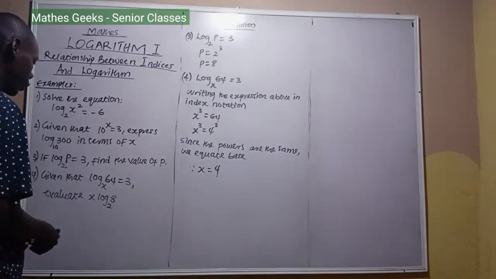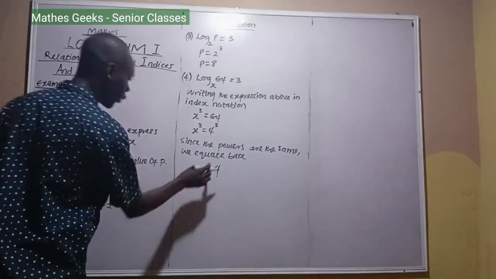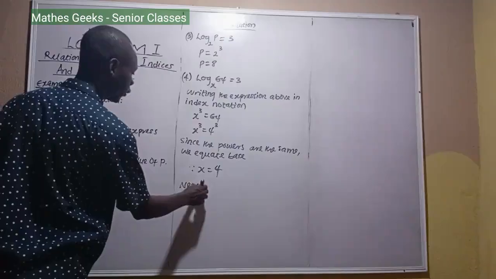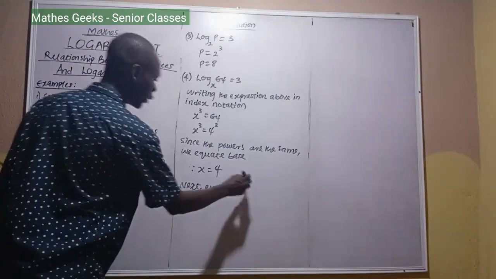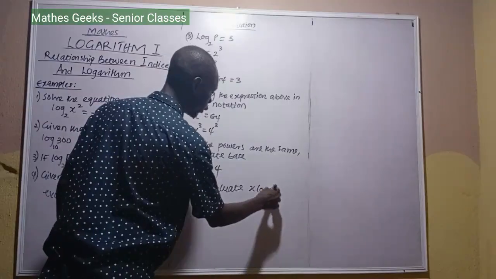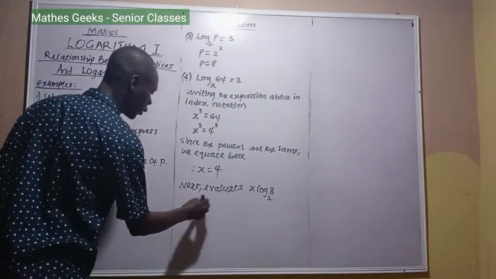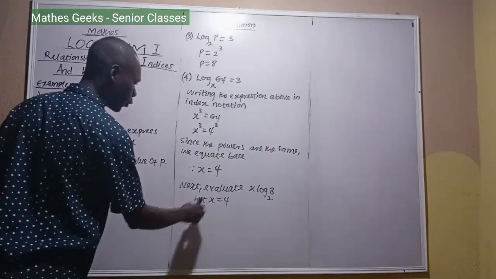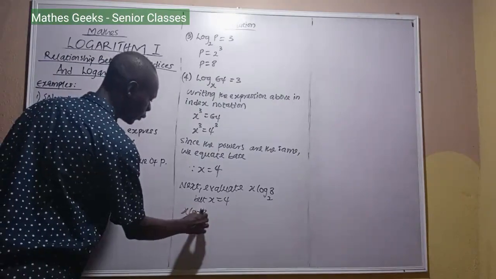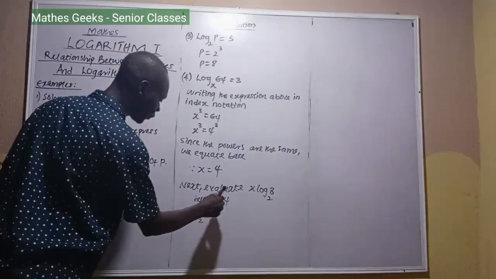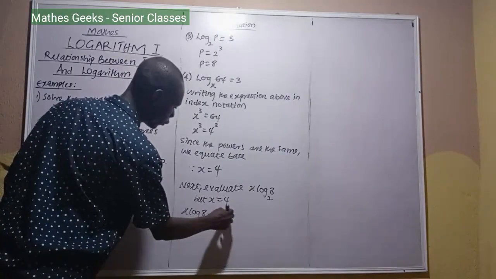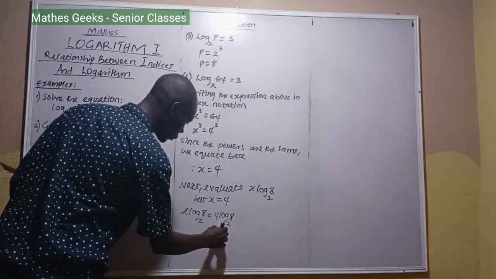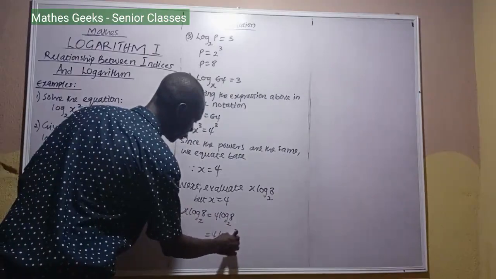Now evaluate x log 8. Now that we've gotten the value of x to be 4, next we evaluate x log 8 to the base 2, where x is equal to 4. So x log 8 to the base 2 is equal to 4 log 8 to the base 2, and this will give us 4 log 2 to the power 3 to the base 2.